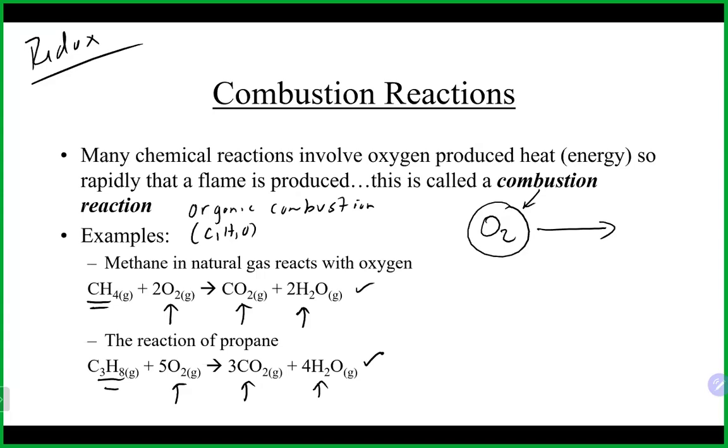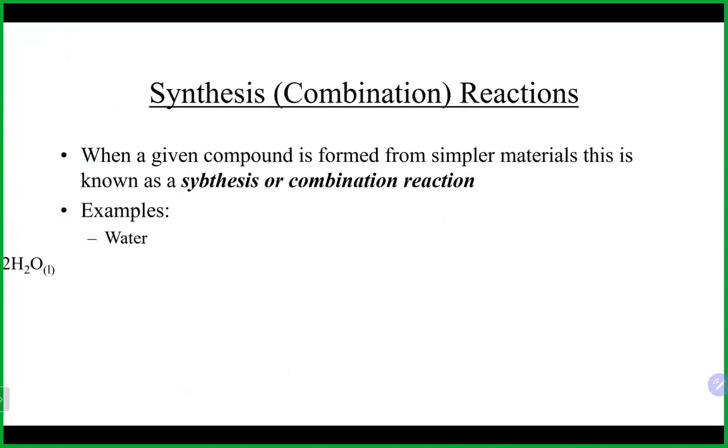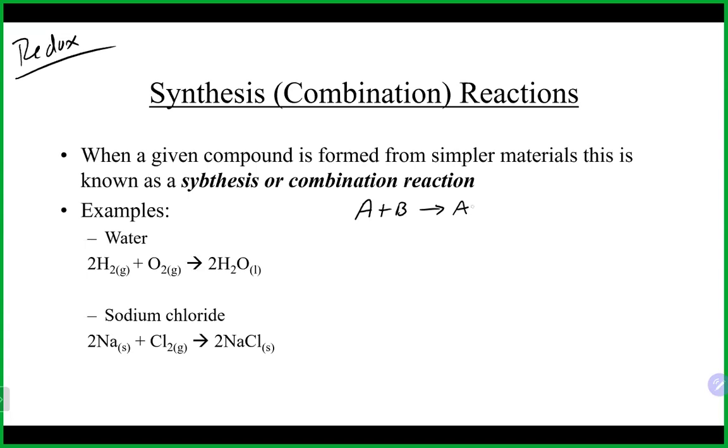And the next type of reaction that falls also, once again, under the umbrella of redox reactions is synthesis or combination reactions. So the way you can recognize synthesis or combination reactions is you take two things and you make one thing.